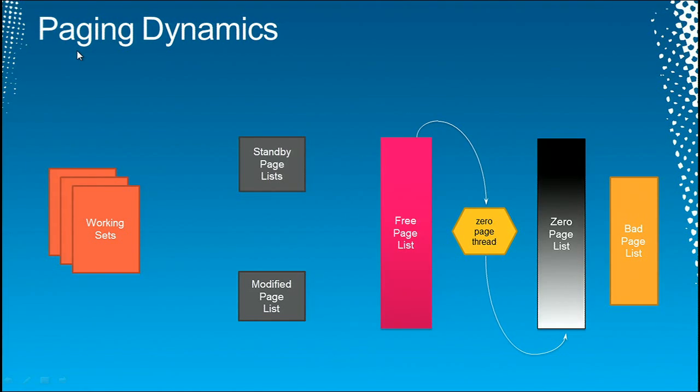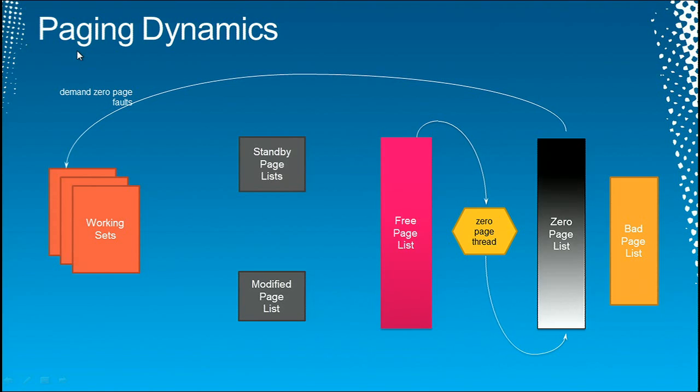So it wakes up, and it tries to zero them as quickly as it can. It kind of has a race against itself, like how fast can I zero them this time? It zeroes them and puts them on the zero page list. So after the boot, everything is on the zero page list. Now we start to create working sets. Working sets get created initially when the system's booting from the zero page list, because that's the only place where there are pages.